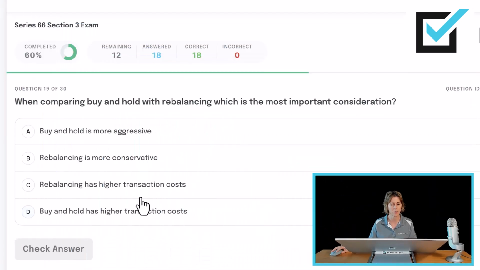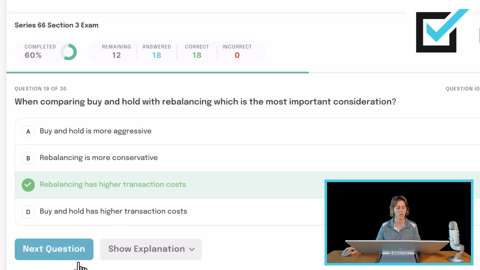So rebalancing means that you look at your asset allocation and once in a while, not weekly or monthly, maybe once a year or twice a year, you make sure that you have the right percentages of assets and things like cash, stocks, and bonds. When you do that, when you sell something to buy something else, you do have higher transaction costs. Rebalancing has higher transaction costs than buy and hold.